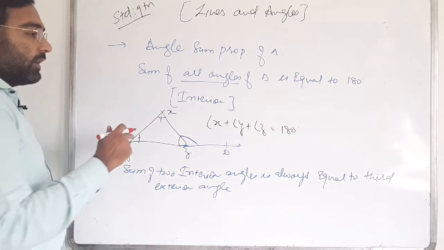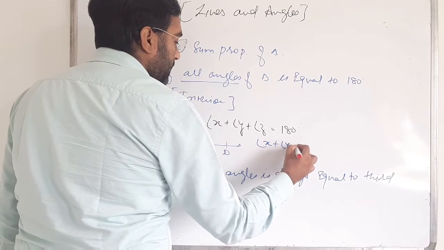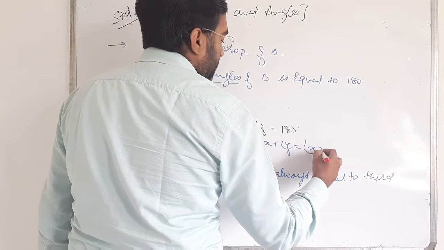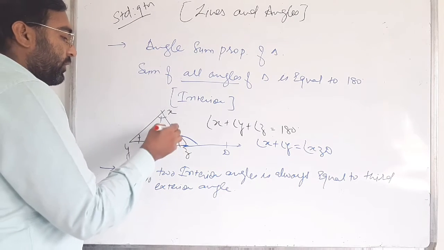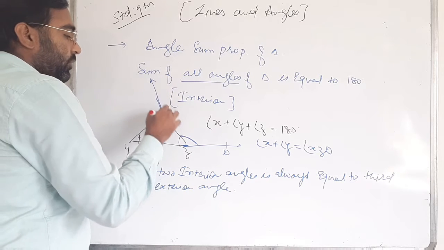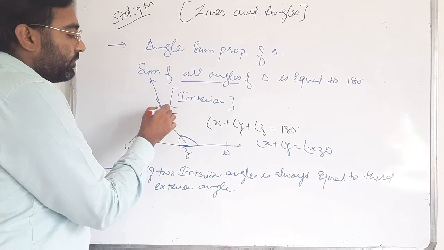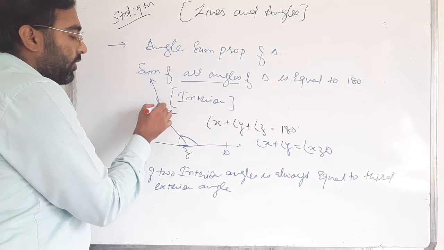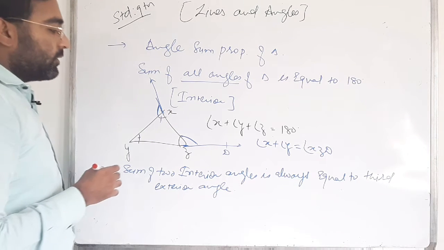Okay, that is, the sum of angle X plus angle Y is always equal to angle XZD. If you extend this line, here also an exterior angle is formed.